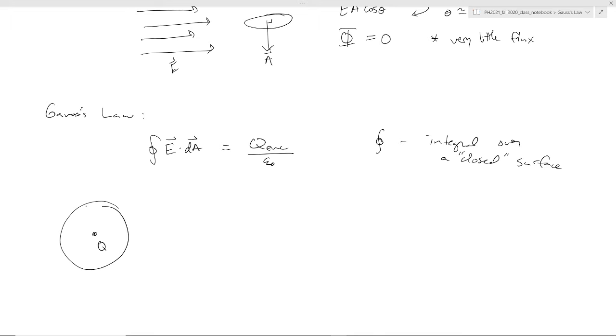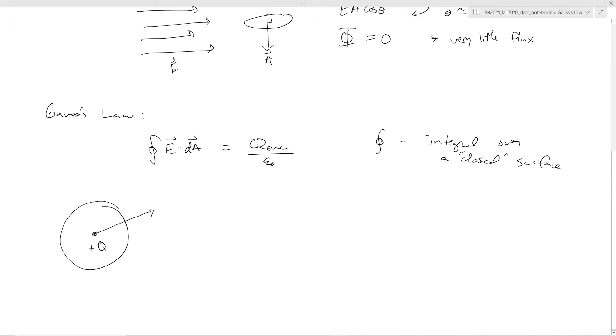So this is going to be the closed surface we're going to make use of. And so recall, the electric field lines are just going to point out from this charge, if this was a positive charge, say.